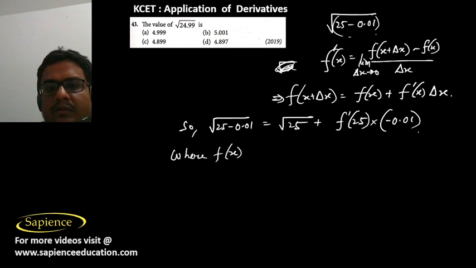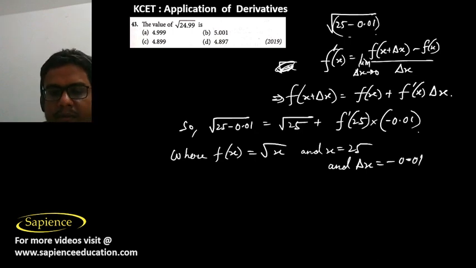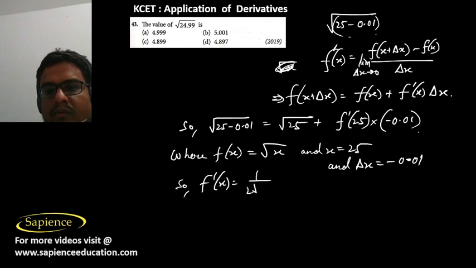Here I am saying that f of x is root x, and x is equal to 25, delta x is minus 0.01. So therefore f dash x will be equal to 1 by 2 root x. So f dash 25 is 1 by 2 into 5, that is 1 by 10.